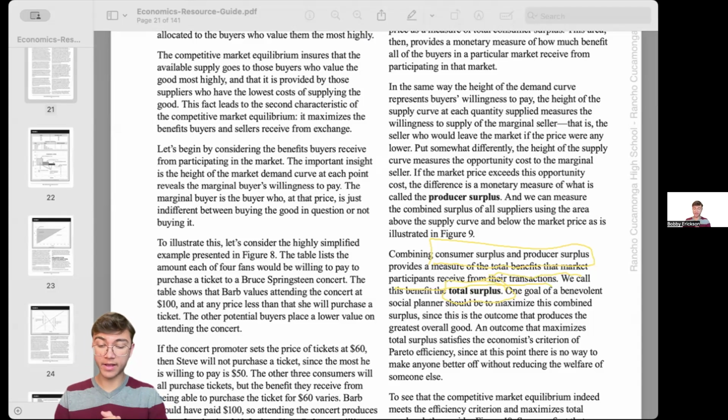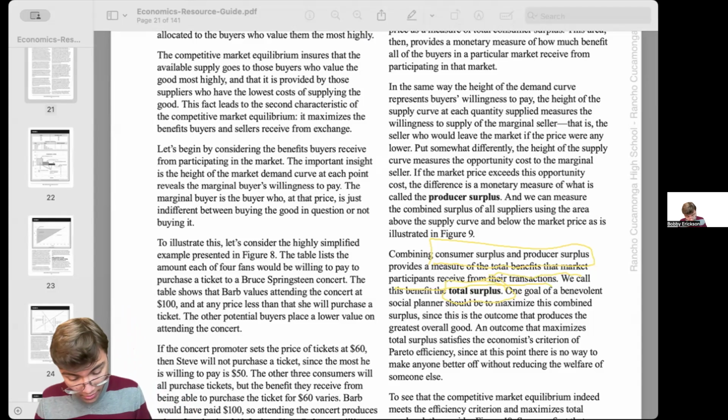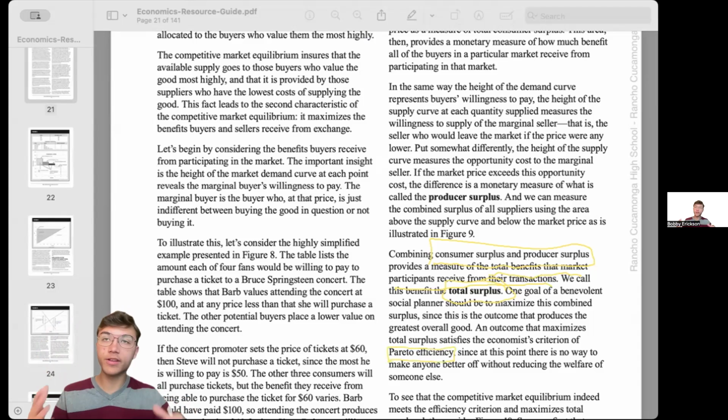Greatest overall good means that we're going to be wanting to try and maximize this surplus as much as possible. If you maximize this total surplus, then we can say that we are satisfying Pareto efficiency. Remember our discussion of Pareto efficiency. We are giving out resources to where giving resources to one person is taking away from another.